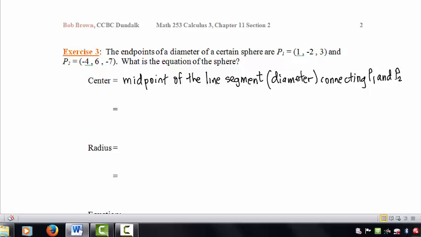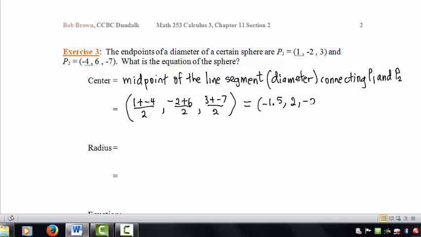So the midpoint of the x-coordinates, or average of the x-coordinates, is (1 plus negative 4) divided by 2. The midpoint, or average, of the y-coordinates is (negative 2 plus 6) divided by 2. And of the z-coordinates, (3 plus negative 7) divided by 2. This is a point in 3 space: negative 1.5, 2, negative 2.